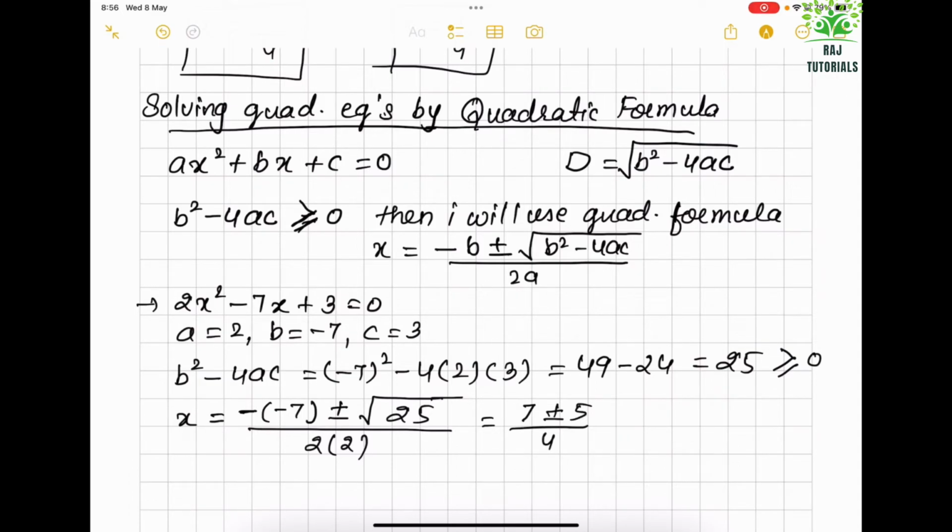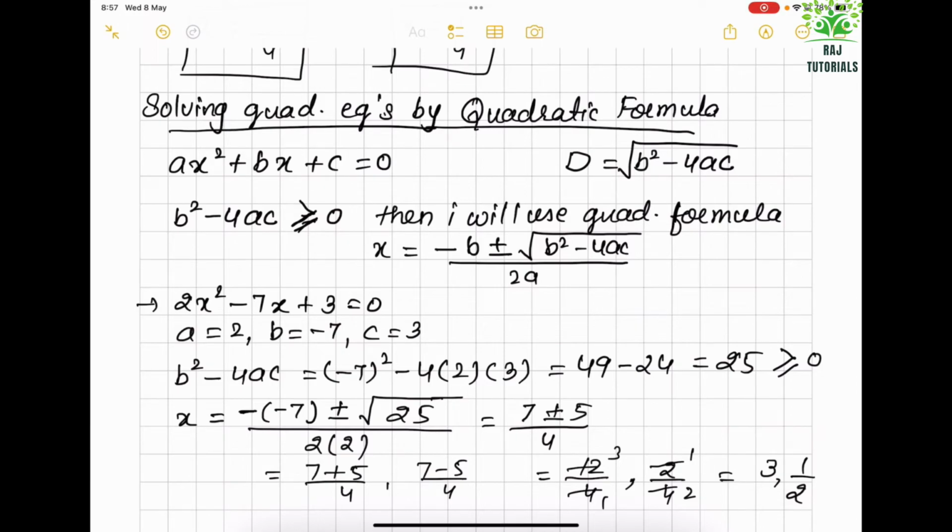So I am getting two answers here: 7 plus 5 by 4 and 7 minus 5 by 4. So 7 plus 5, 12 by 4, so one answer is 3. The other answer is 7 minus 5, 2 by 4, so 1 by 2. Therefore I am getting two roots, that is 3 and 1 by 2. So these are my two roots which I want.